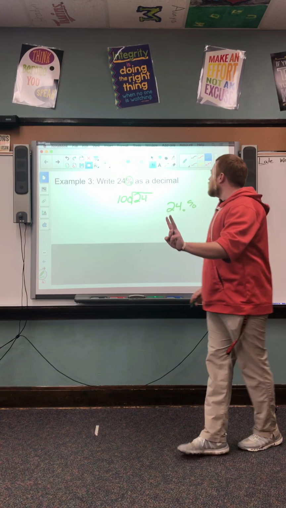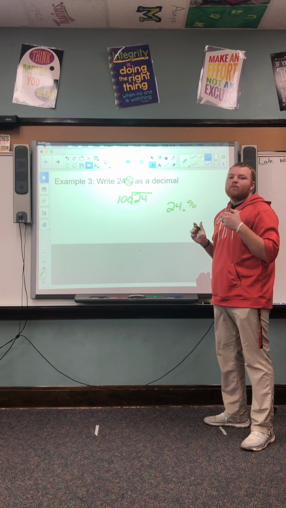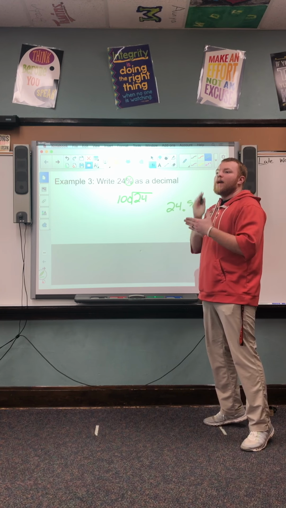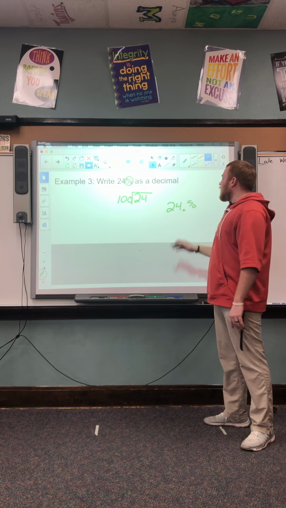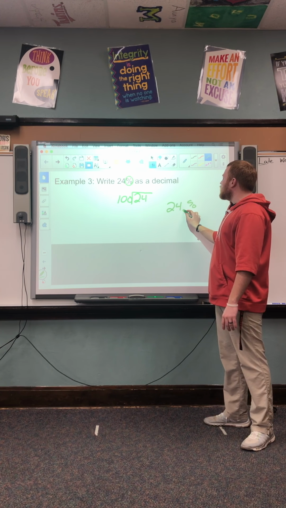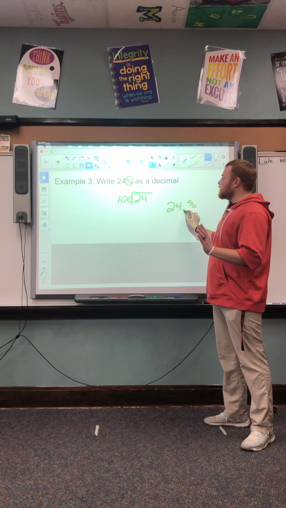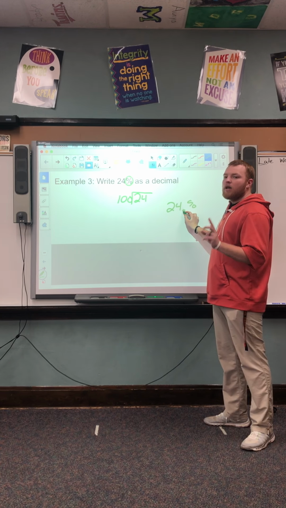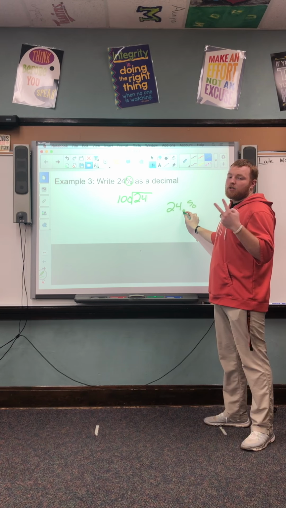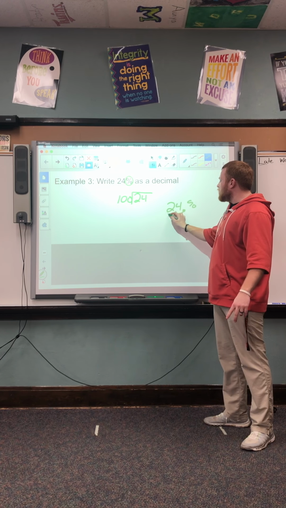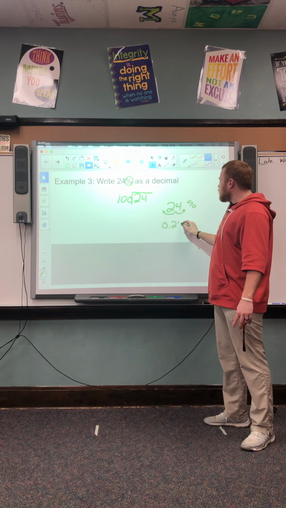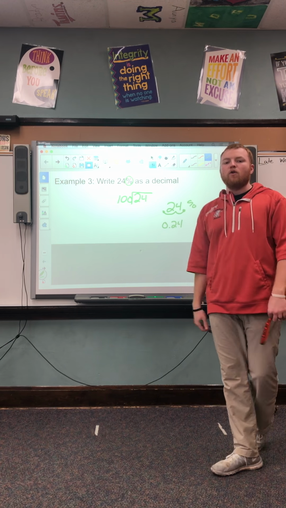There are 2. Since we're dividing, we're making the number smaller, so we move our decimal to the left twice, because there are 2 zeros. So 1, 2. Your answer would be 0.24, or 24 hundredths.